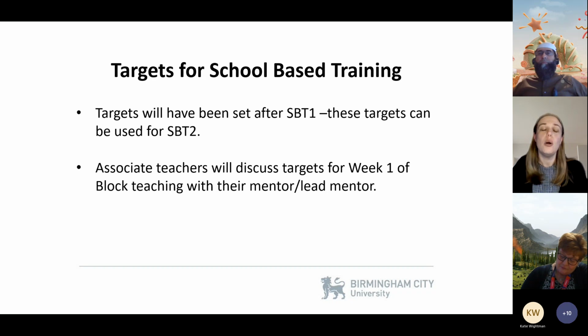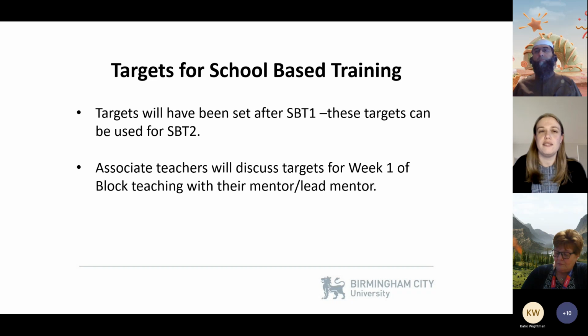So when they first come to you, they will have had targets set for them at the end of their previous placement. Those targets now, rather than being targets that cover, for example, the first half of their teaching, will cover the first week of block teaching.